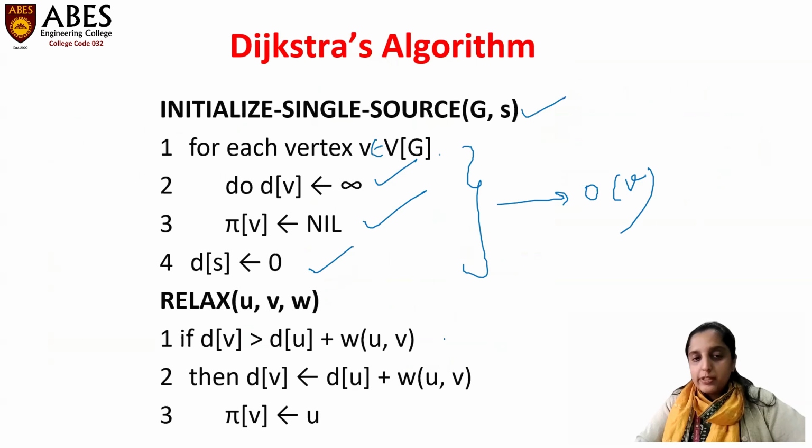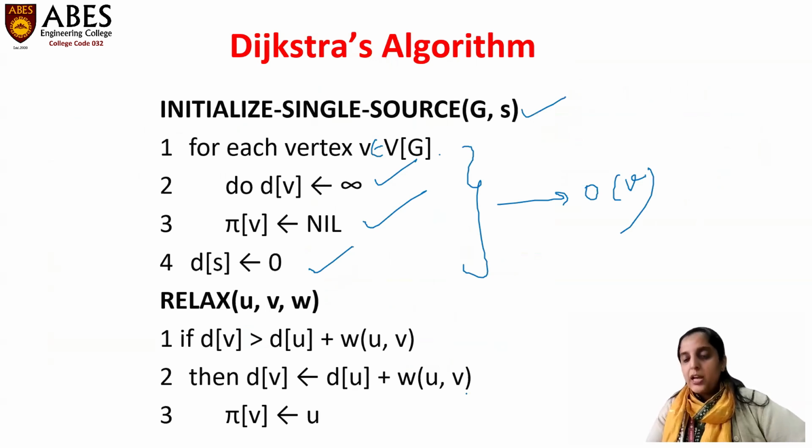If this statement is true, then I will update the value and I will update its parent value. We did the same in Prim's algorithm, but the difference is that here we are also adding the distance from the source vertex, whereas in Prim's algorithm we only considered the edge weight. But here we are also considering the distance of the source vertex.